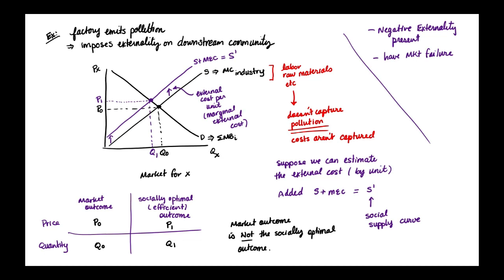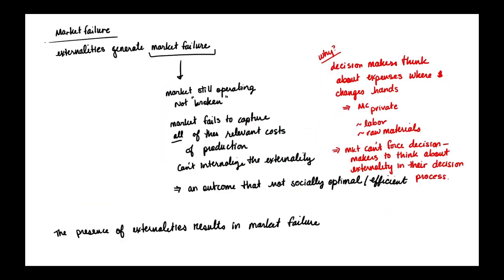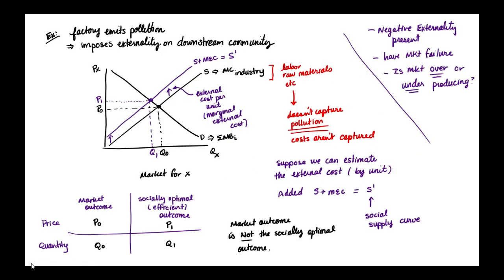But I want to know one thing more. What's the nature of the market failure here? Is the market overproducing or underproducing in this example? Is it producing too much or too little?